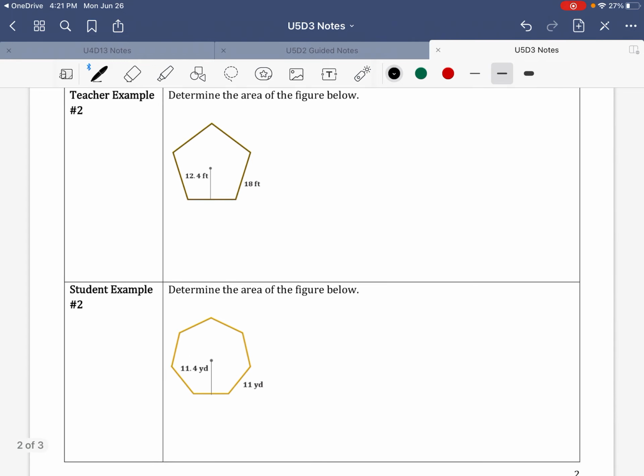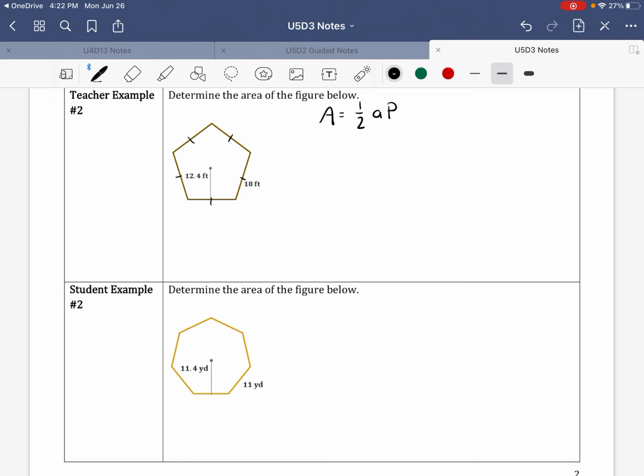For teacher example number 2, we're asked to find the area of this figure below. And we can see that all of these side lengths are congruent, which allows us to use our area equals 1/2 AP equation for regular polygons, where A represents the apothem and P represents the perimeter.